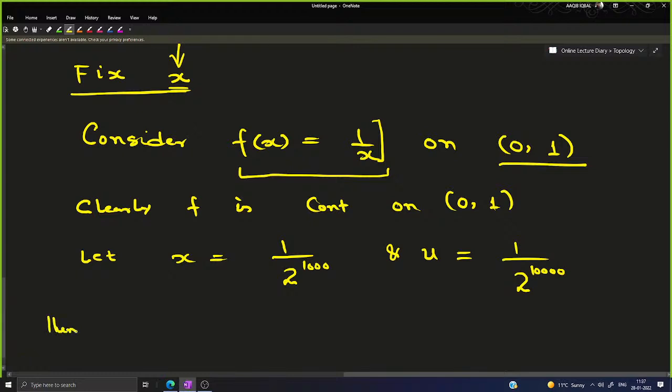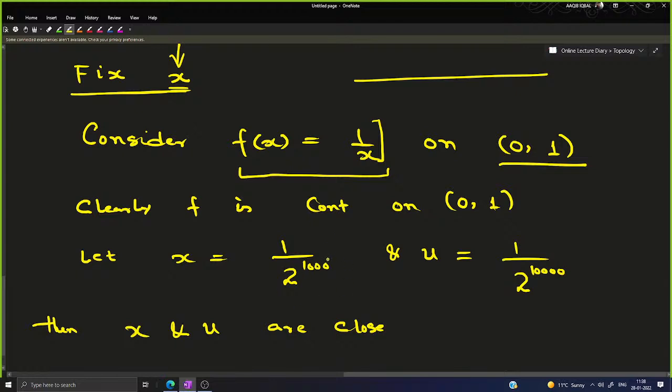Then अगर आप देखेंगे, यहाँ x and u they are close. देखिए, 1 by 2 to the power 1000 will be something which is close to 0. Well, because we are taking 1 by 2 raised to 1000.